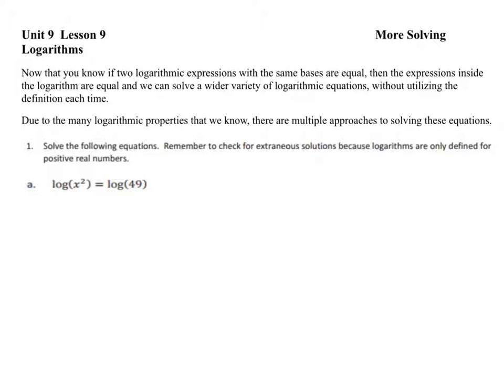So right away, x squared equals 49. Then take the square root of both sides, plus or minus, and x is equal to plus or minus 7.